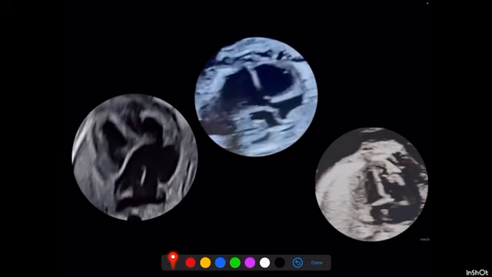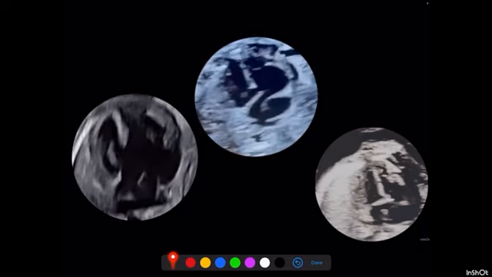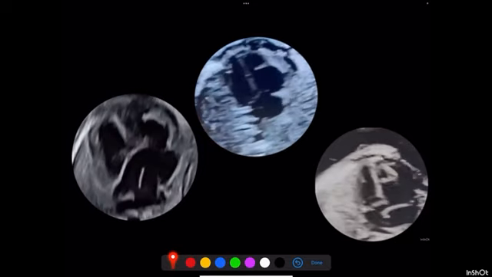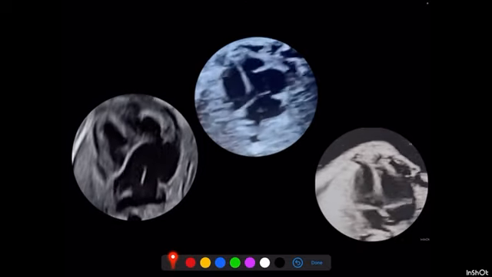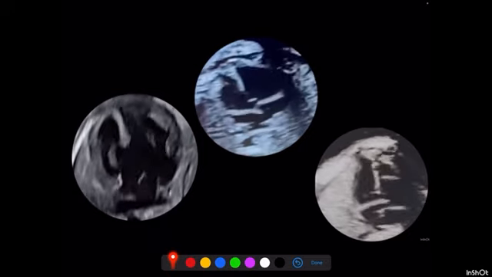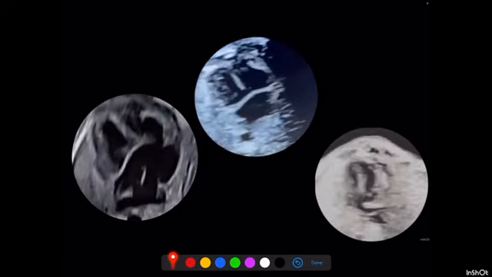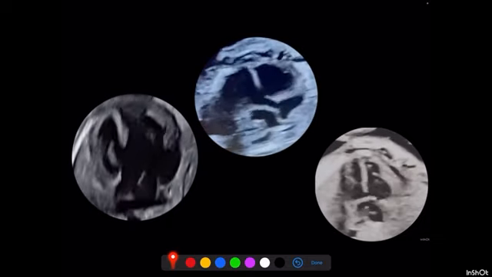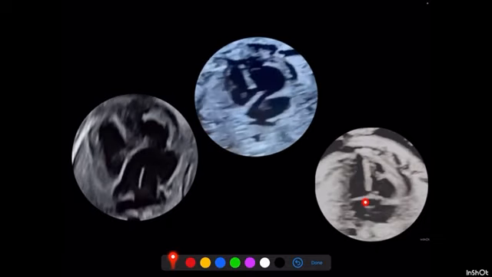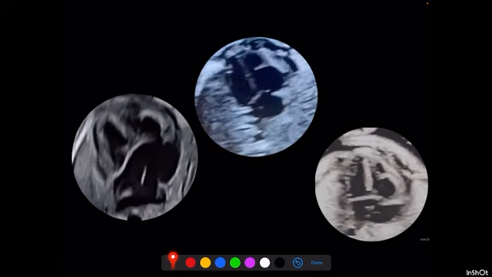So what do you classify this? Here you can appreciate even more: two inlets, linear insertion, VSD is evident here, ASD clearly seen.